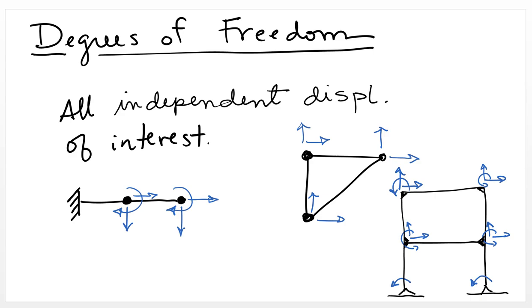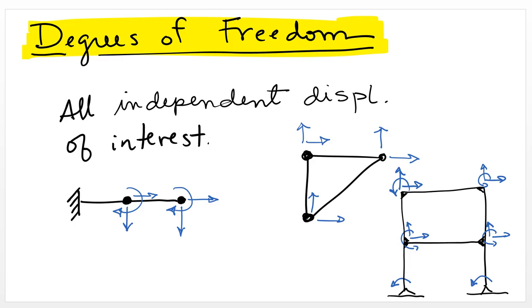The second concept that is going to be very important here is the idea of degrees of freedom. So what are degrees of freedom of a structure? Simply said, degrees of freedom are all the independent displacements of interest. So you take a structure, you select a number of points that you are interested in, and those are your degrees of freedom.